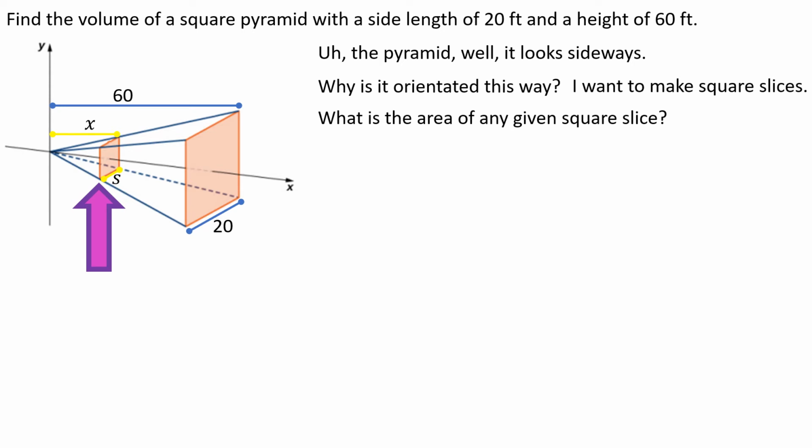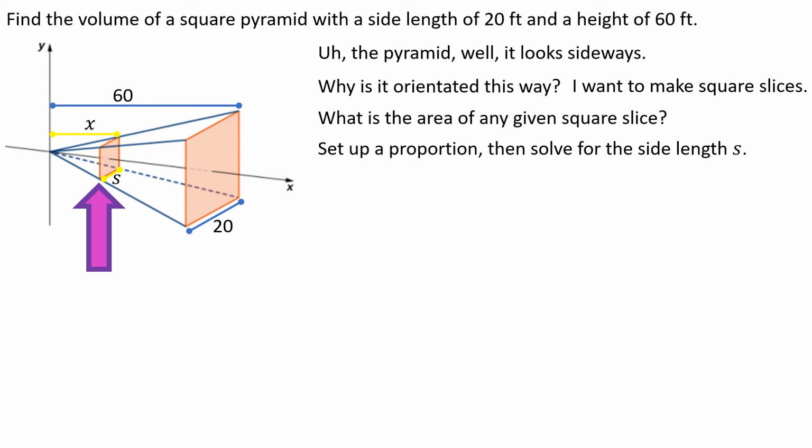Well, the side length S is going to compare to 20 the same way that distance x compares to 60. Sounds to me like we've got to set up a proportion and solve for S.